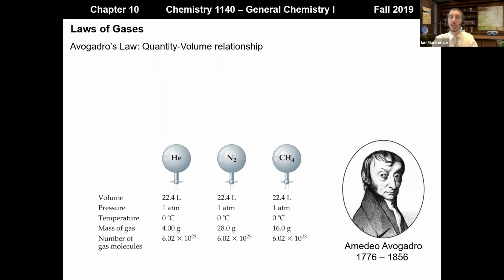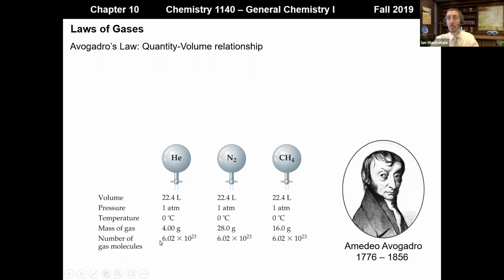What he noticed is, in terms of moles, that it did not matter what the identity of the gas was, as long as the quantity in terms of number of moles, as long as the number of gas molecules was the same, the volume is the same.